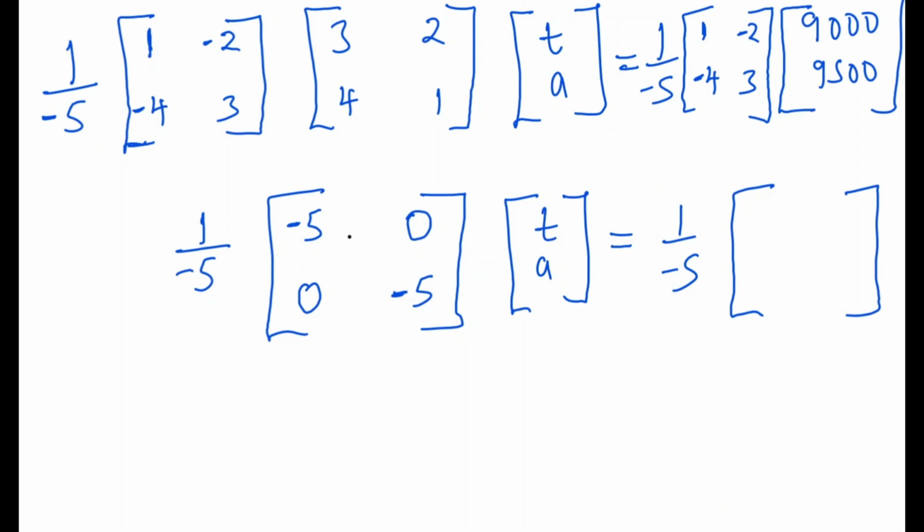Let us now go to the other side, where our answers shall come from. Rows times columns. The formula is the same. 1 times 9,000, and then plus negative 2 times 9,500. You can use your calculator and try to click on the equal sign only once, so that you do not have problems with BODMAS.